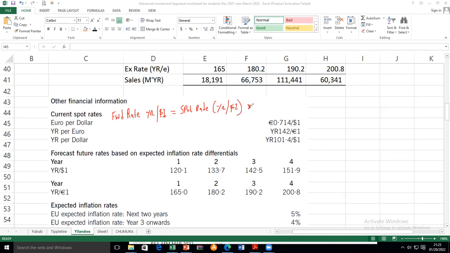Then you multiply by 1 plus the interest or inflation rate over 1 plus the inflation or the interest rate. The question is, which one goes on top? Which one goes under? The interest rate or the inflation rate for this one is what comes here, the Y rand.